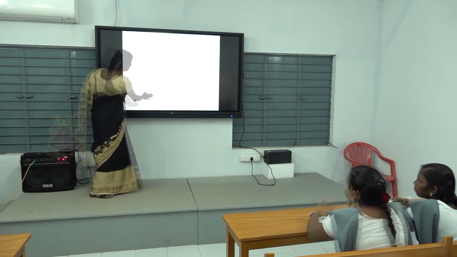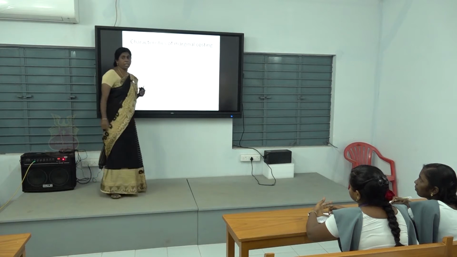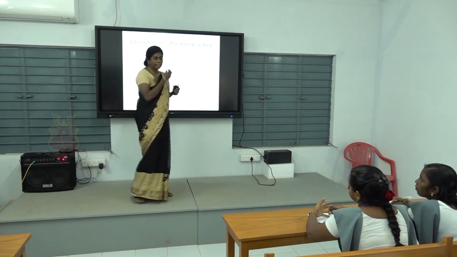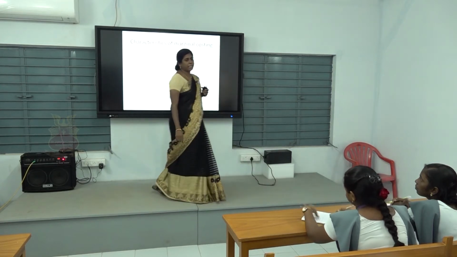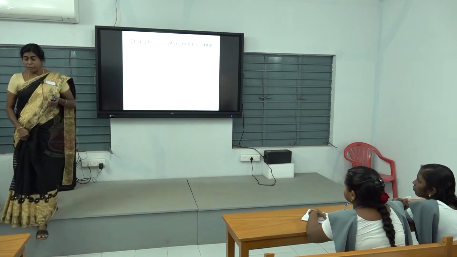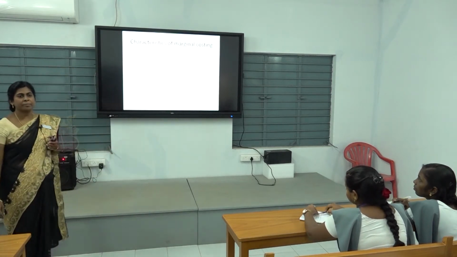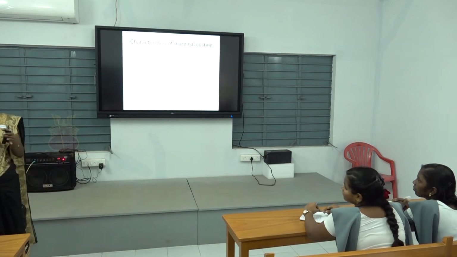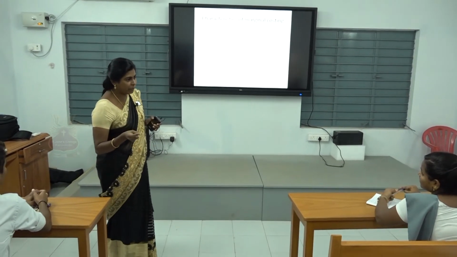Now, can you say the characteristics of marginal costing? We have discussed the characteristics of marginal costing in the previous class, isn't it? Can anyone say them? The total costs are divided into two, fixed cost and variable cost.